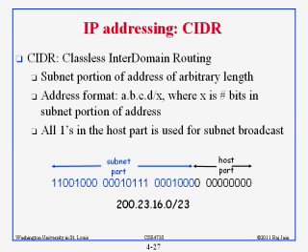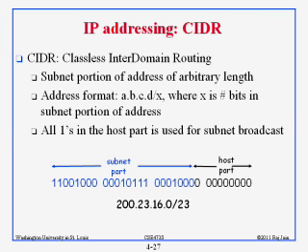So after a while, it became clear that one reason we have this shortage of addresses is because we gave classes. We gave people 2^24. We couldn't give them 2^23. A 9-bit prefix was not allowed before. So they said we will allow any prefix length, and that is called classless.